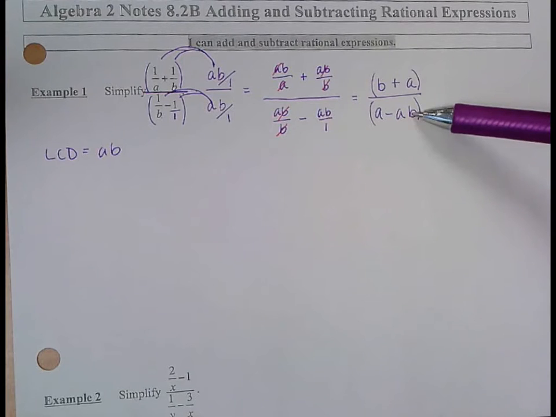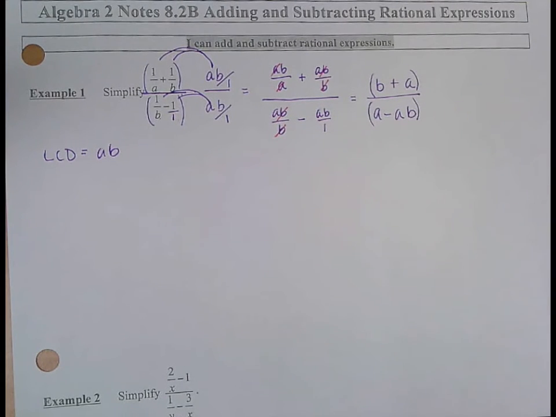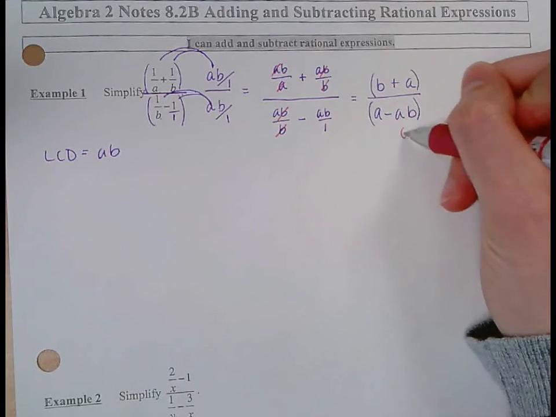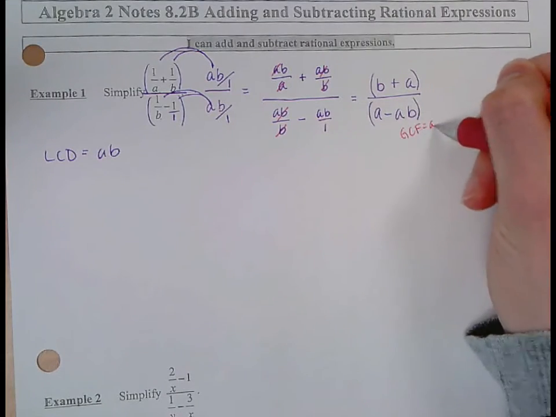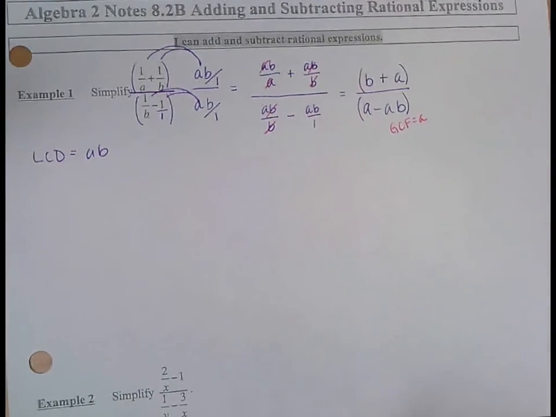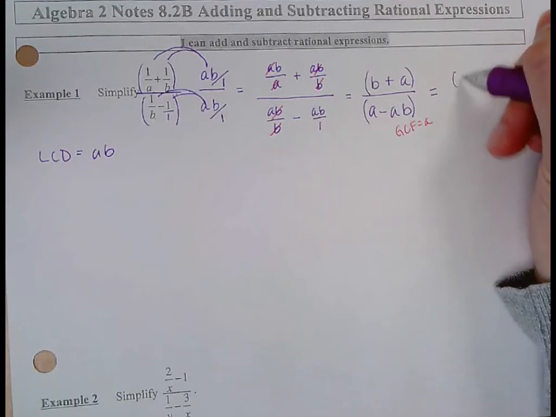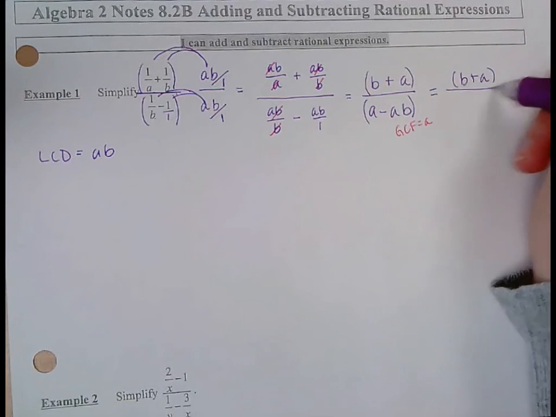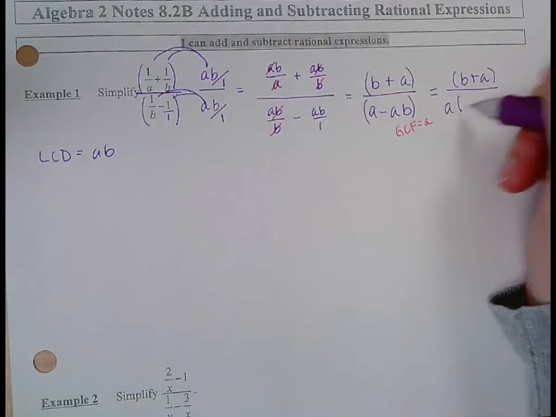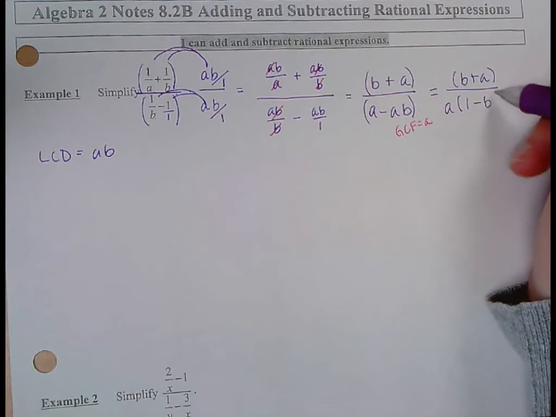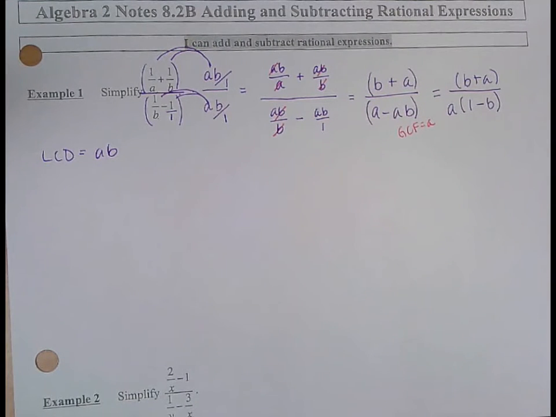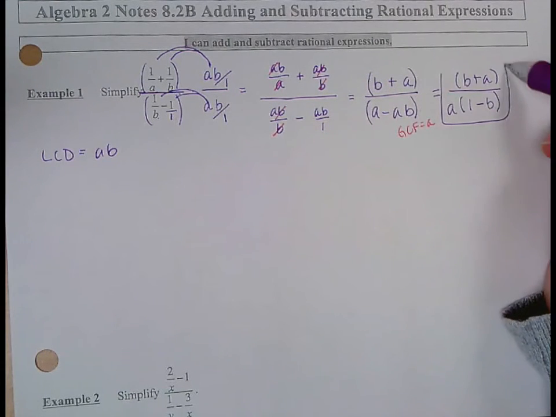How about A minus AB? I could factor that. There's a GCF of A. So I'm still going to have B plus A on the top, and on the bottom, if I factor out the A, then I have 1 minus B. So everything is factored. Even though I factored the denominator, I still am not able to cancel anything. So this is the simplified answer.